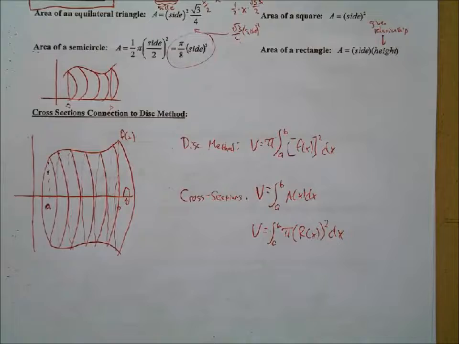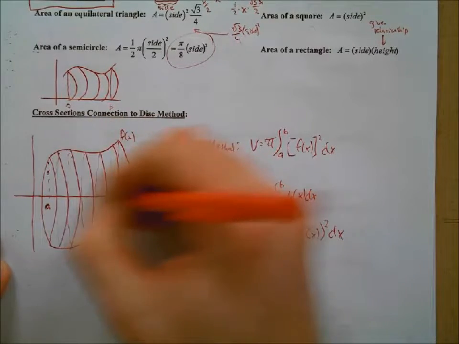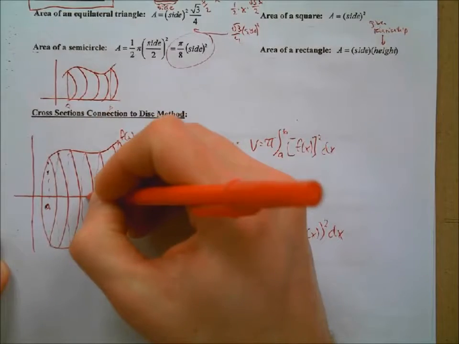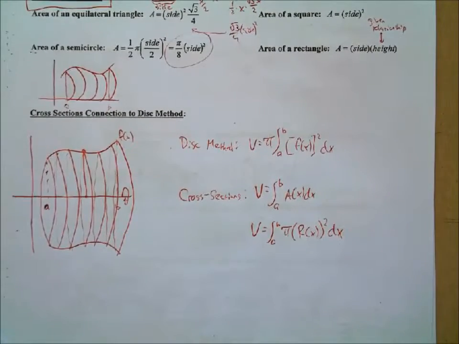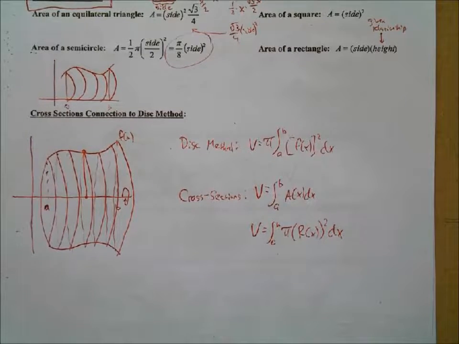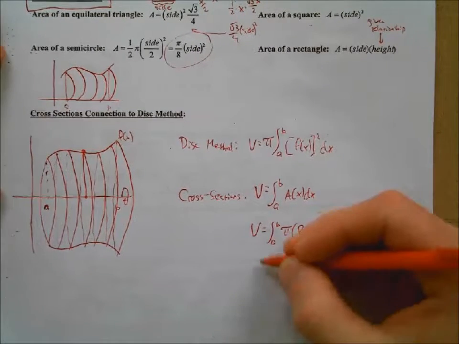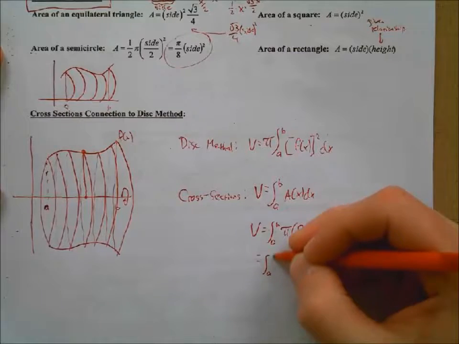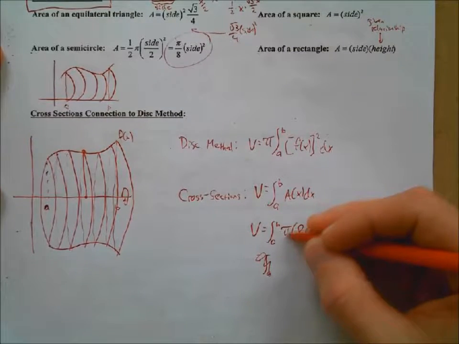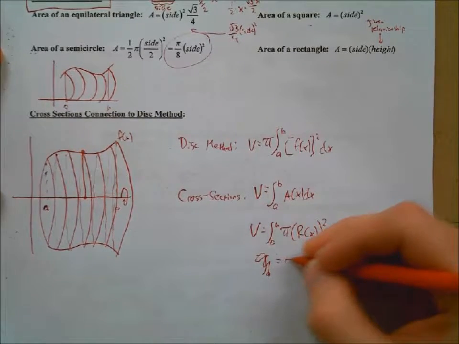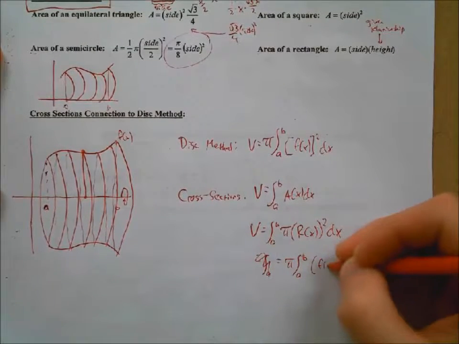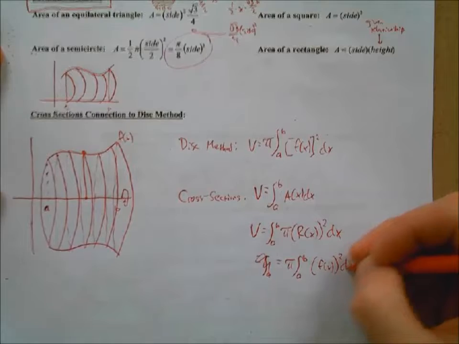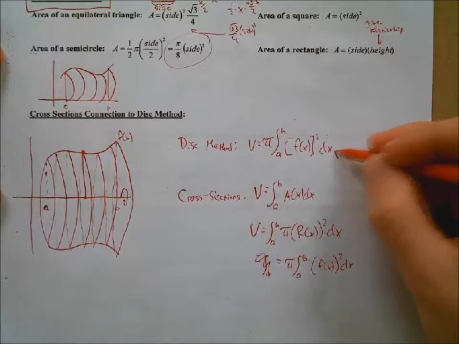Here's the center of our solid, and then there's the edge. What's that radius? It's f. So we can bring that pi out front as a coefficient, and it's pi times the integral from a to b of our function squared. And that is exactly what we've got right up here. It's the same thing.